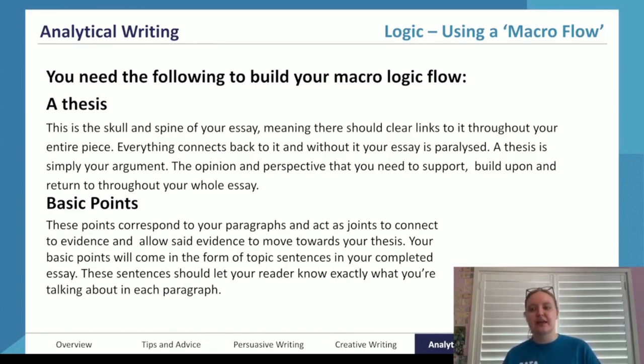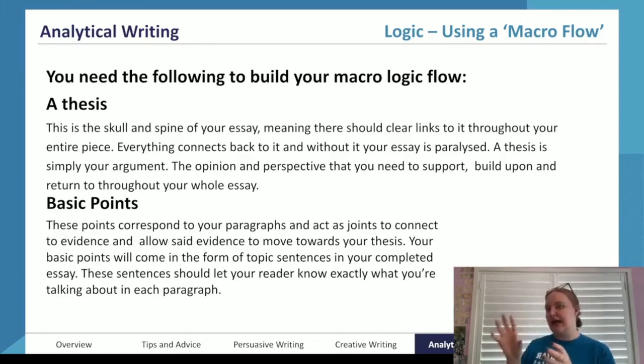You also need to include your basic points. These are the topic sentences for each of your body paragraphs, and they act as joints, if we're using the body analogy, which we are, to connect all of your evidence together and allow your evidence to move towards your thesis. They will show your reader exactly where you are in your argument and what you're going to be talking about in your paragraph.